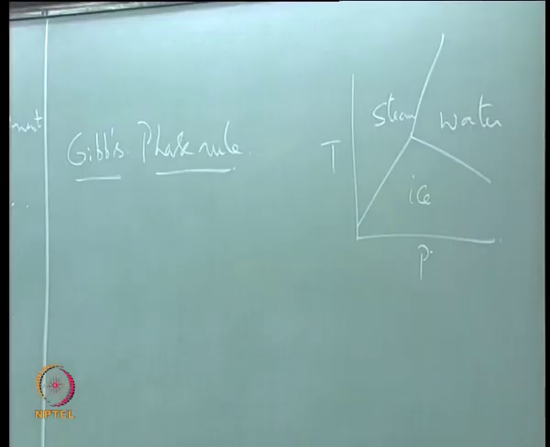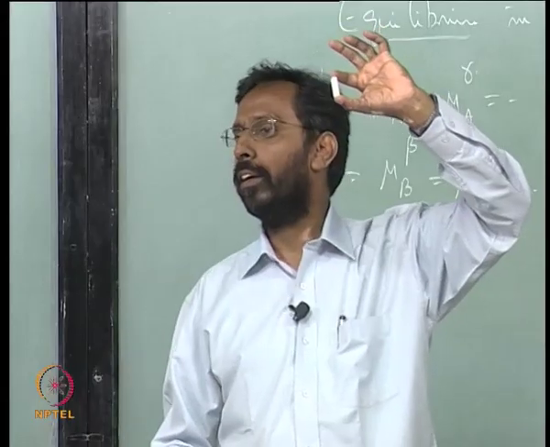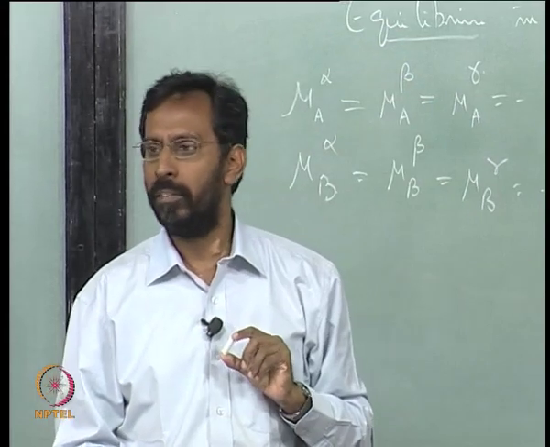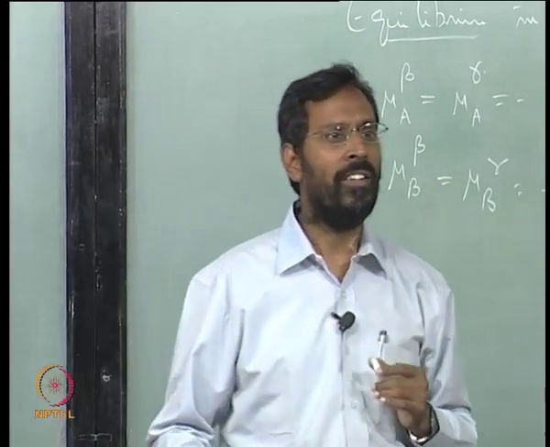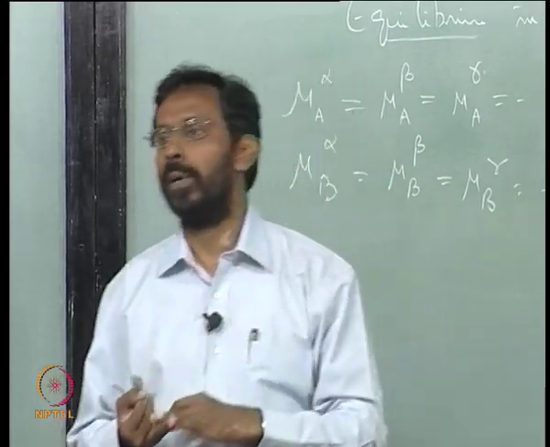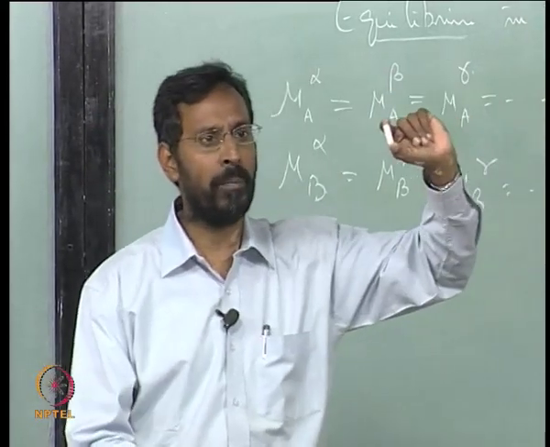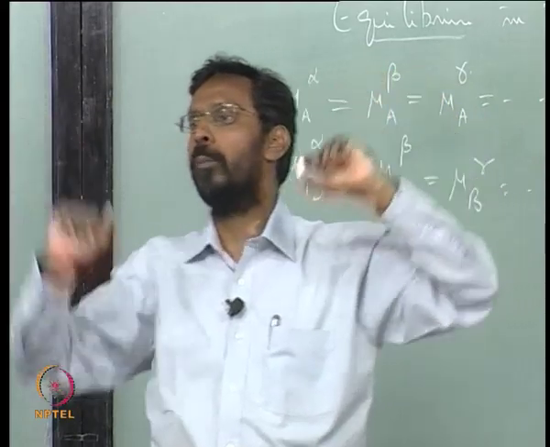For example, if I have a phase here and I want to describe it, I describe it the way we describe a human being in terms of his emotions. So we talk about this particular phase in terms of the number of components present in it, and additional variables are the pressure and the temperature. So this phase is present at this pressure and at this temperature, and it has so many components.